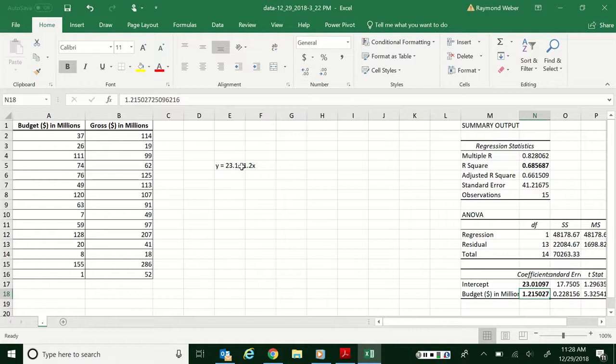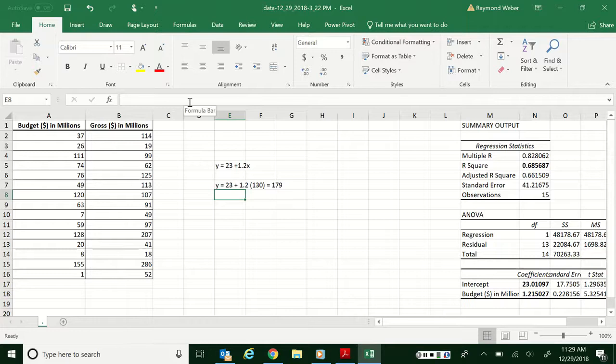Then I can take this and make a prediction like, okay, if I budget $130 million, what should I expect to gross? Well, it's going to be 23. Oh, I put an extra one in there, didn't I? That was just 23. This should be 23 plus 1.2 times 130, which is 179 million.